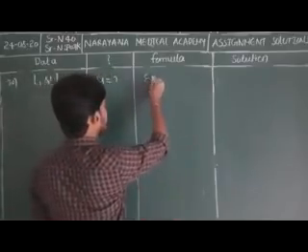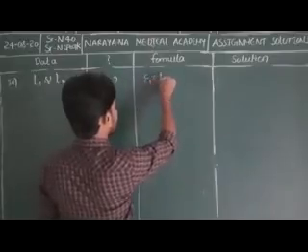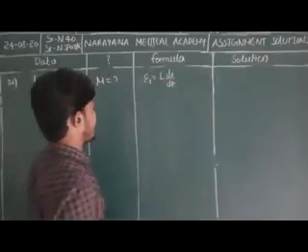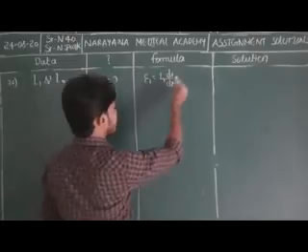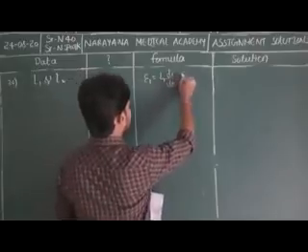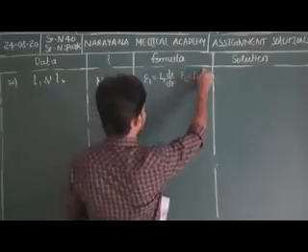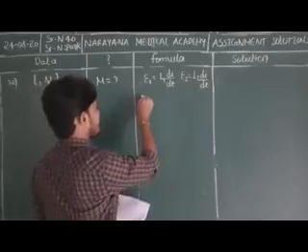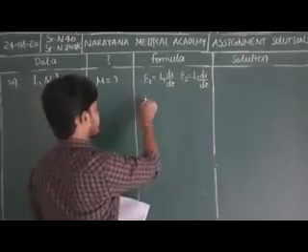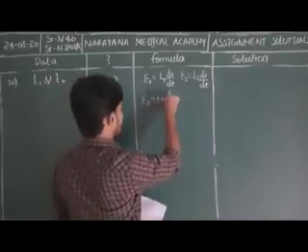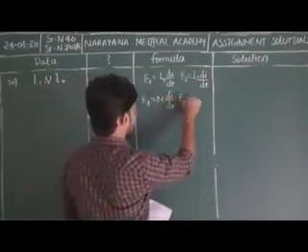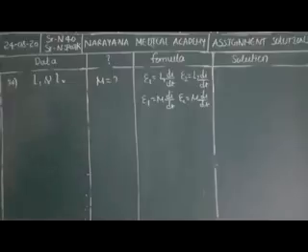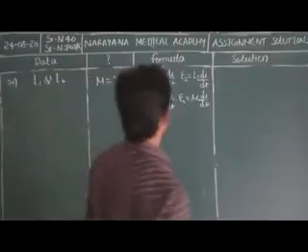So we have a formula: epsilon 1 is equal to L1 into di by dt. Similarly, epsilon 2 is equal to L2 into di by dt. Similarly, for mutual inductance, epsilon 1 is equal to M into di by dt, and epsilon 2 is equal to M into di by dt.